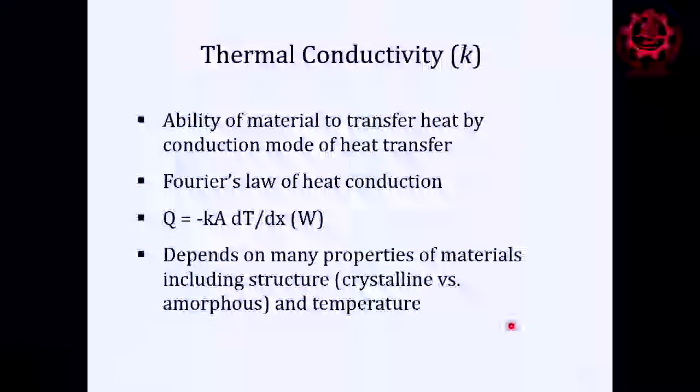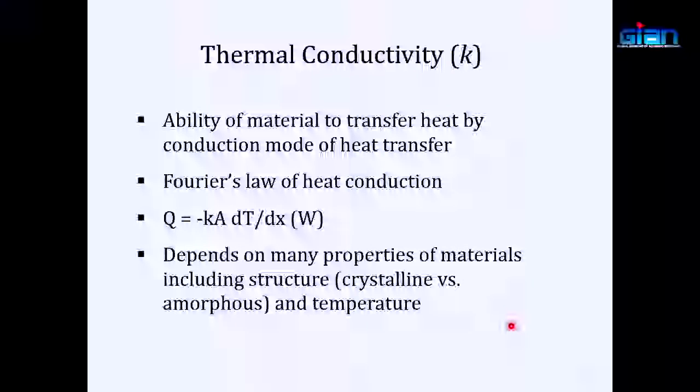Q is equal to m Cp delta T, with delta T being 5. Now if you want to increase the temperature of the material from 25 to 30, you need to add more energy than what you added previously to go from 20 to 25, because the higher the temperature, the higher the Cp. So in order to store that energy, or to have that level of vibration of those molecules, you need to add much more energy.